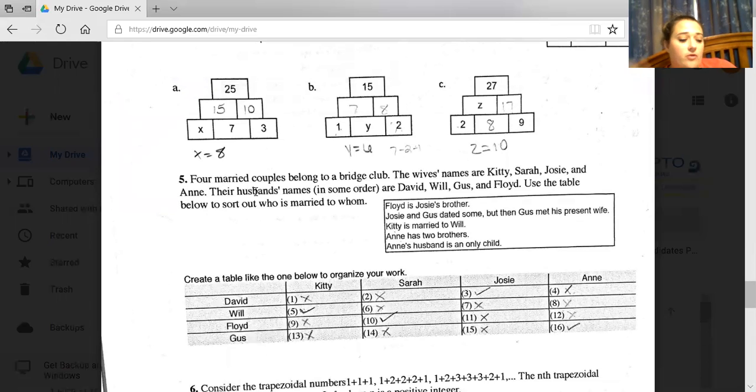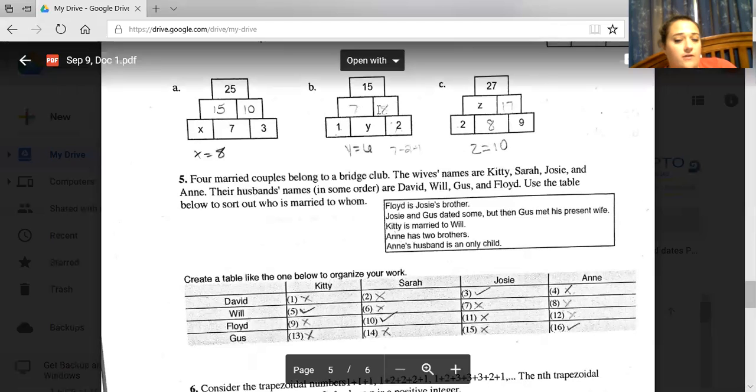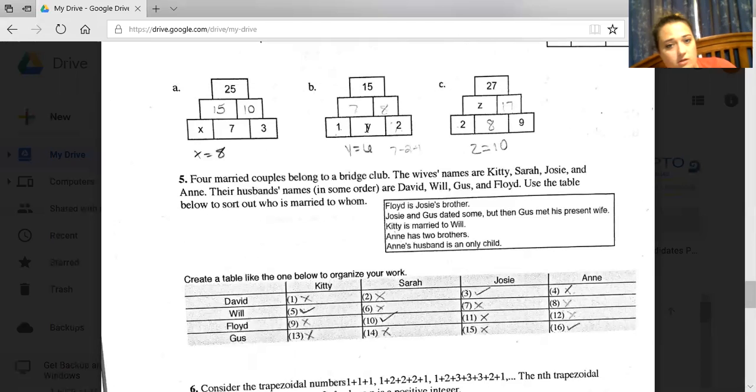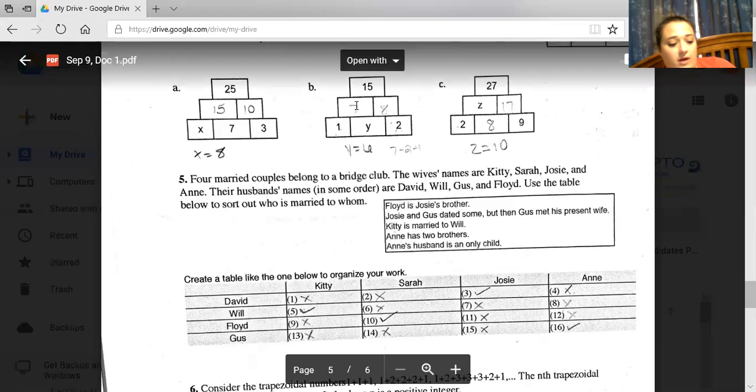And then on B, it was a little trickier, but if you come up with the equation, you have to come up with your 15. So 15 equals 1 plus Y, and so you're trying to find out these answers, but you're also trying to find Y. So you would say 1 plus Y, and that comes up with this answer.